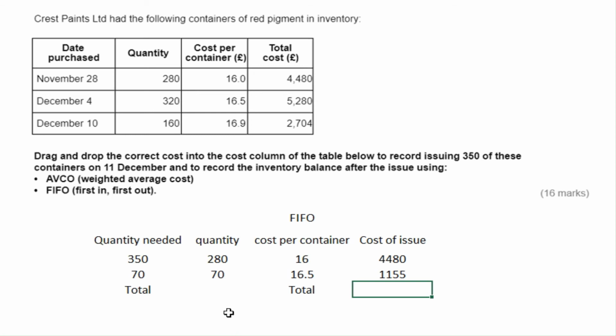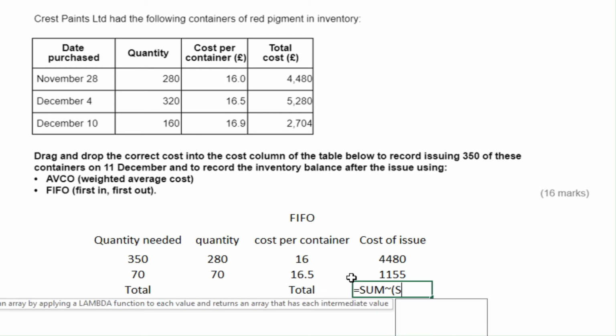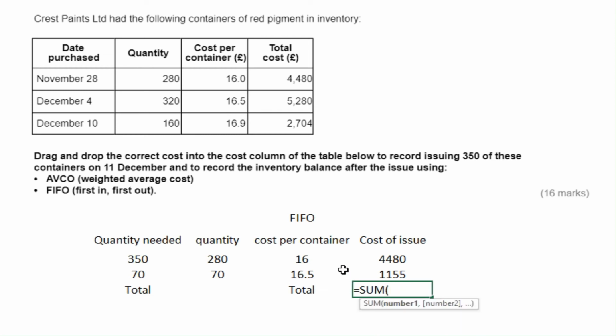Then we can add them together to get the total cost of issue. Earlier on we found the total cost for everything was 12,464 when we were doing the AVCO.